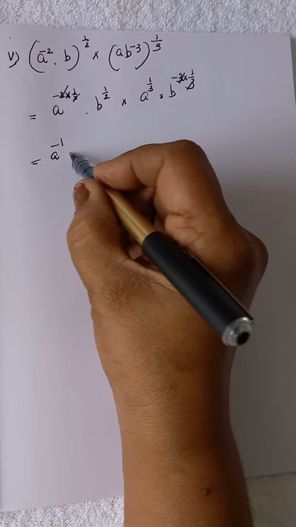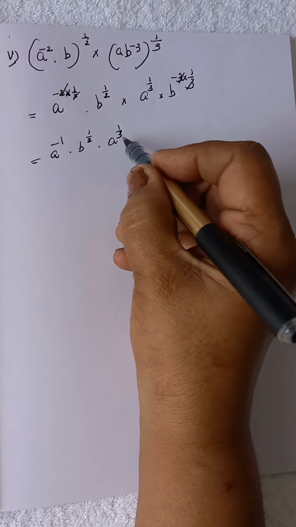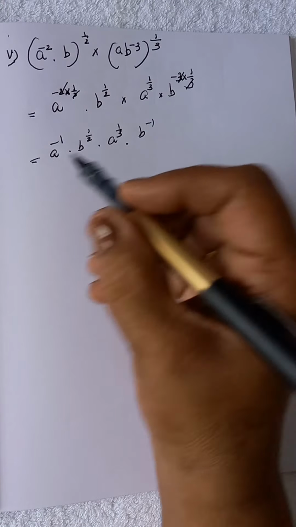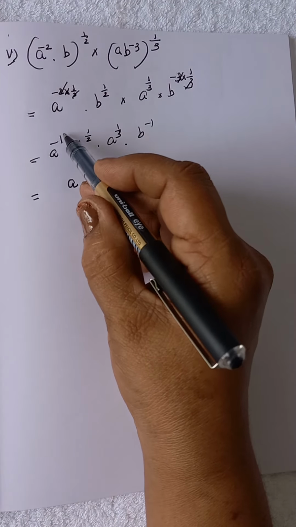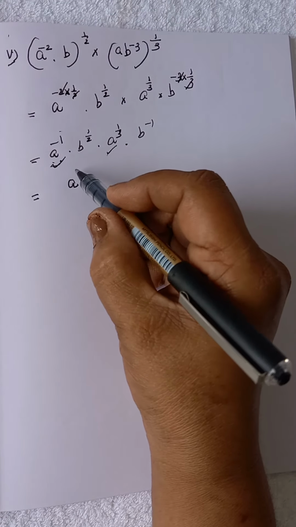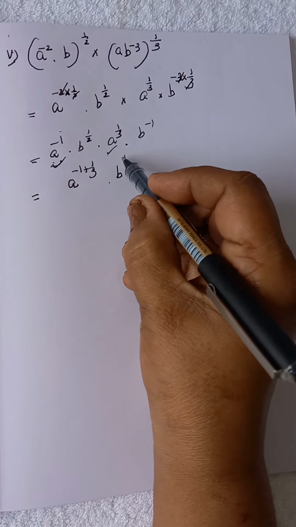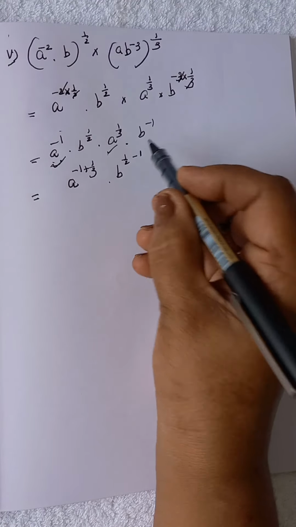So what is remaining? A raised to minus 1, b raised to 1 by 2 into a raised to 1 by 3 into b raised to minus 1. Now we can take this a raised to minus 1 and a raised to 1 by 3 together. So a raised to minus 1 plus 1 by 3 into b raised to 1 by 2 minus 1.